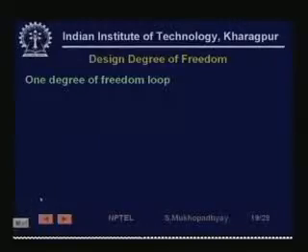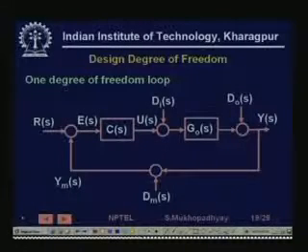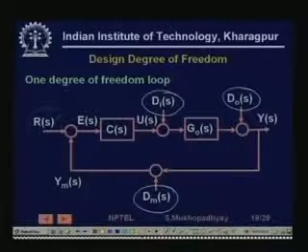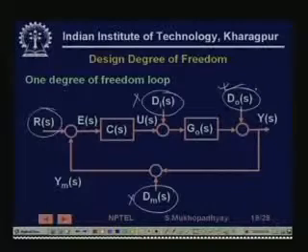Similarly, typically the control loops that we consider are actually 1 degree of freedom. This is very important to understand. This is a typical control loop, in which several disturbances may be acting, as well as Rs. Let us for the time being forget about these 2 and consider only this one. What do we want?